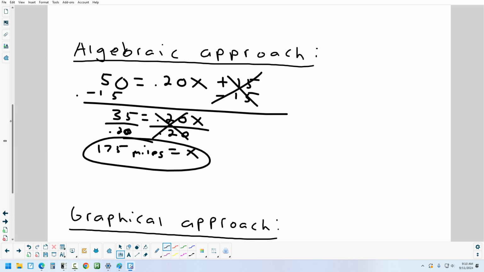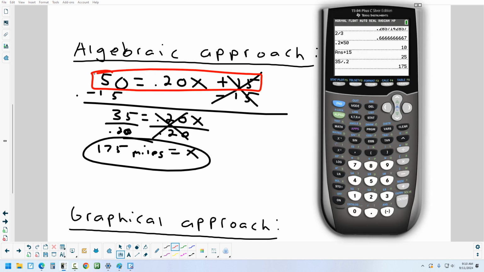Okay, so to do it on the calculator, I want to go back to what we had in that box right there. 50 equals 0.20x plus 15. Once we turn the calculator on, that's the button in the lower left, you're going to go all the way to the top left, press y equals.